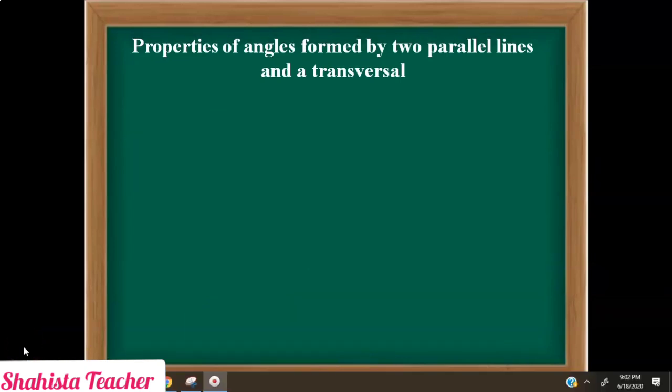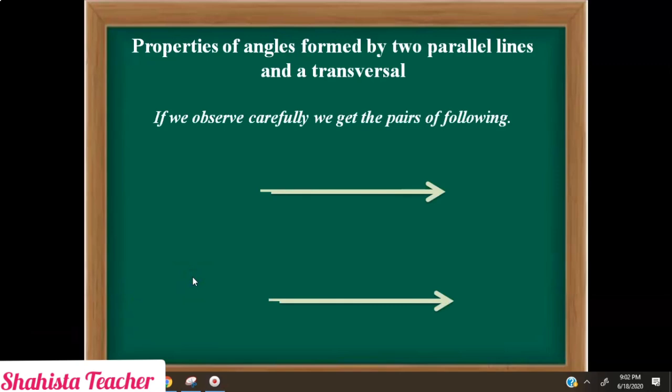Students, observe this property of angles formed by two parallel lines and a transversal. First, we have to observe the given figure carefully and find the pair of angles. And lastly, we have to say which pair of angles it is. Here are two parallel lines and one transversal line.